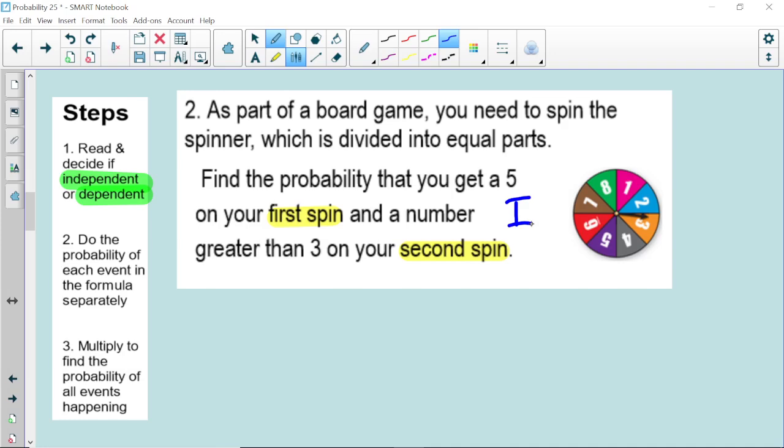So independent. Now, step 2, we do the 2 events separately. We're going to find the probability of us getting a 5 on our first spin, and then a number greater than 3 on our second spin.